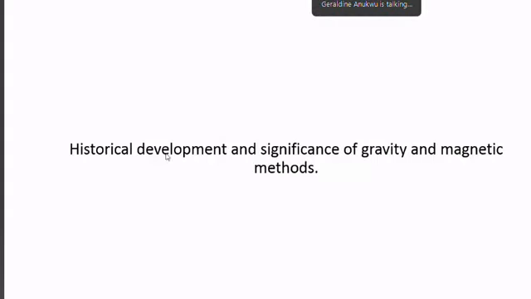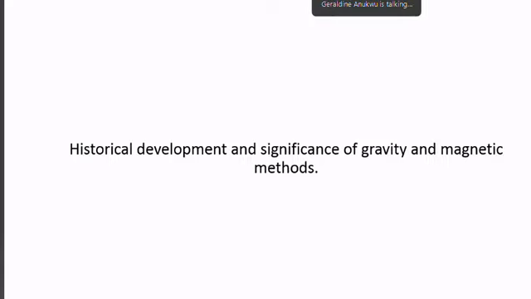So the next thing we're expected to do will be the historical development and significance of the gravity and magnetic methods. So this will form your assignment 2. Your assignment 1 is: what is Laplace's equation? I hope you are taking notes, class.